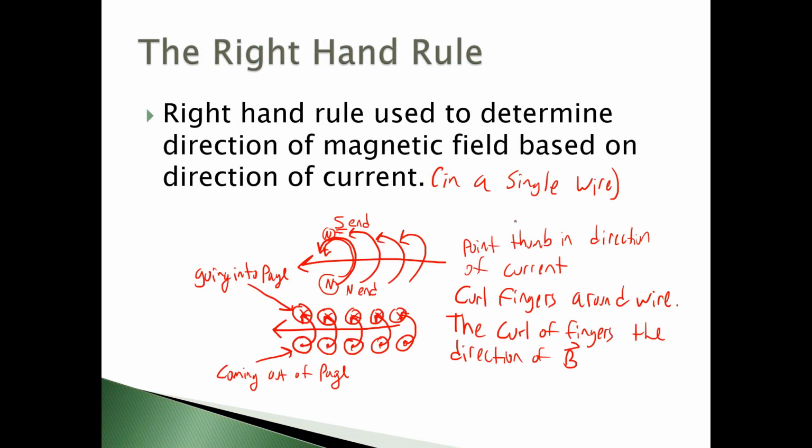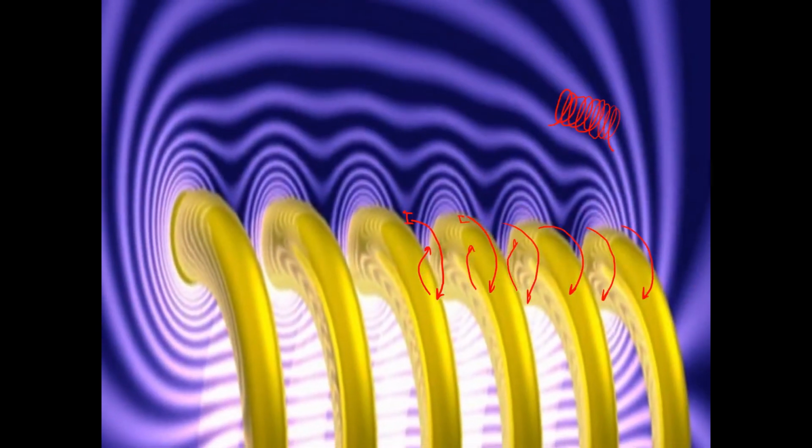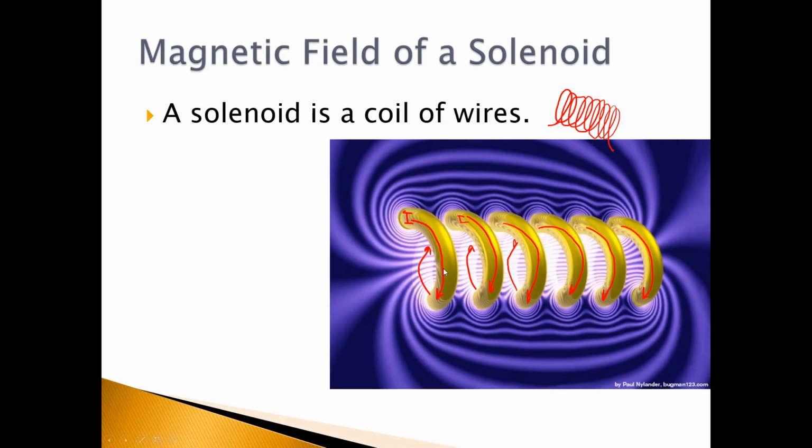In the previous slide, the right-hand rule was we pointed the thumb in the direction of the current, and then the curl of the fingers determines the direction. In a solenoid, the curl of the fingers is the direction of the current.